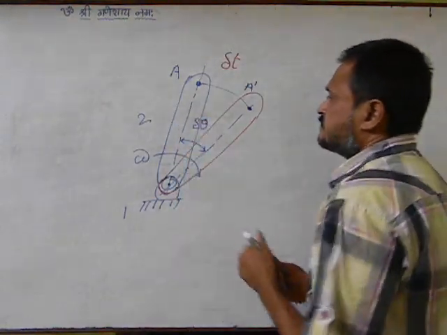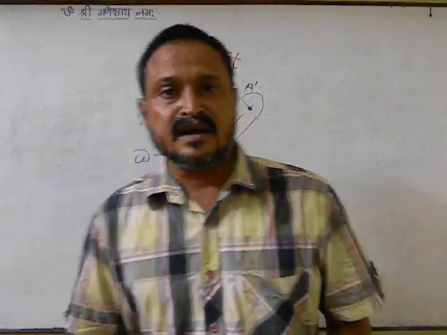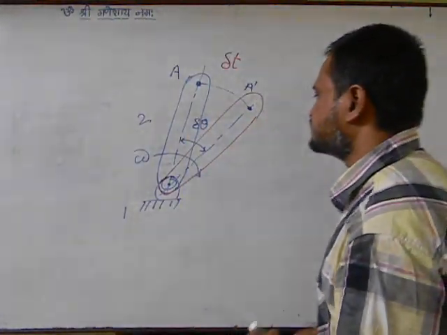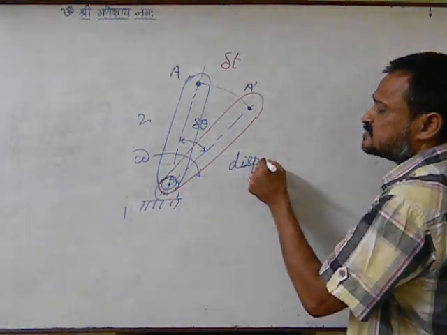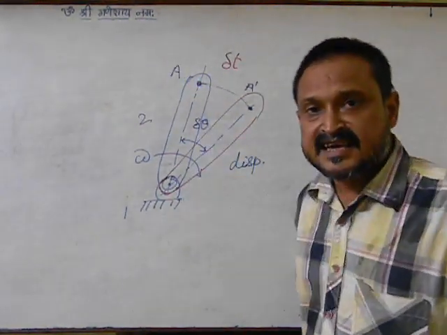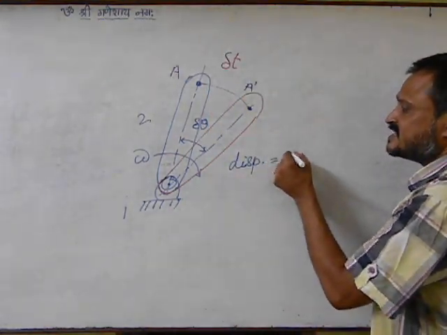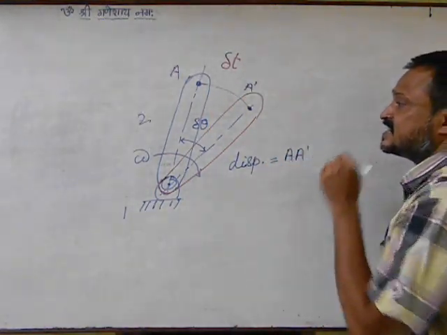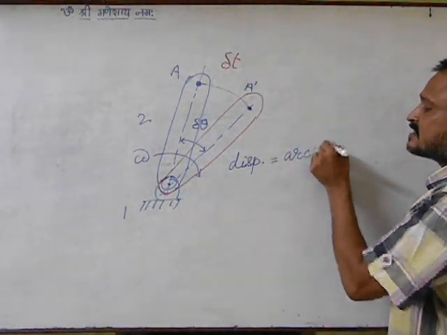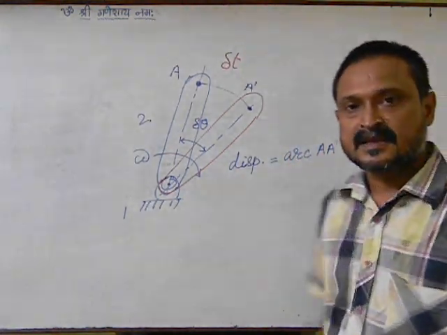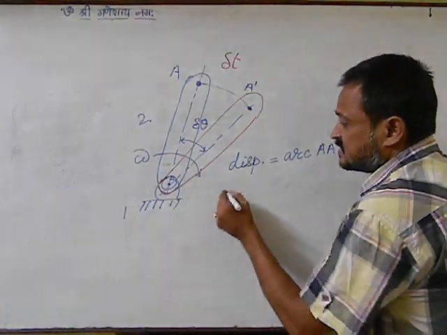When this is the condition, if I want to understand the velocity conditions, what is the displacement of point A? After an infinitesimally small time, the displacement is to A dash, which I will call the arc A dash, right? So what should the velocity be?